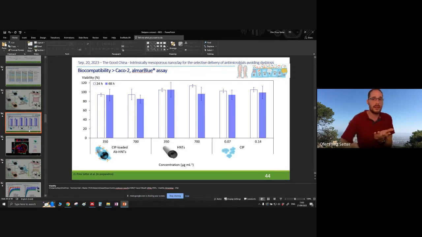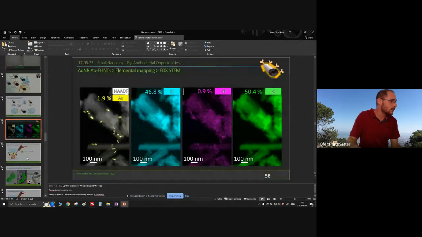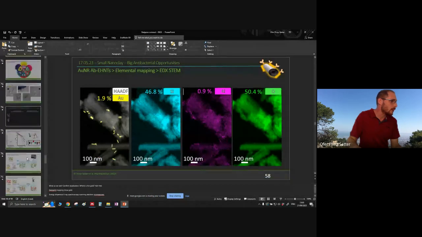So first, we did have some compatibility assays using Caco-2 cells derived from intestinal epithelium, and no cytotoxicity was observed after 40 hours of exposure. And additionally, we use etched HNT halloysites. So actually, there's almost no residue of aluminum. You can see it here with elemental mapping.